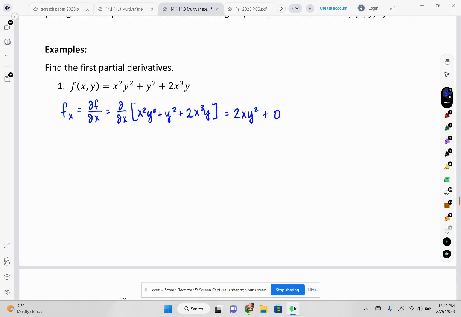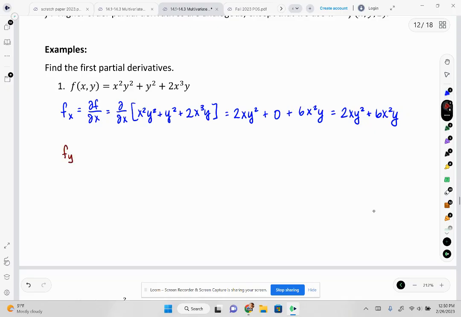In the third term, I have a 2x cubed y. Again, treat the y like a constant, focus on the 2x cubed. So the derivative of 2x cubed is 6x squared, and the y is still there. It's just a multiplier. Okay, and then I would just simplify this by not writing the 0. So 2xy squared plus 6x squared y. That is f sub x, otherwise known as del f del x.